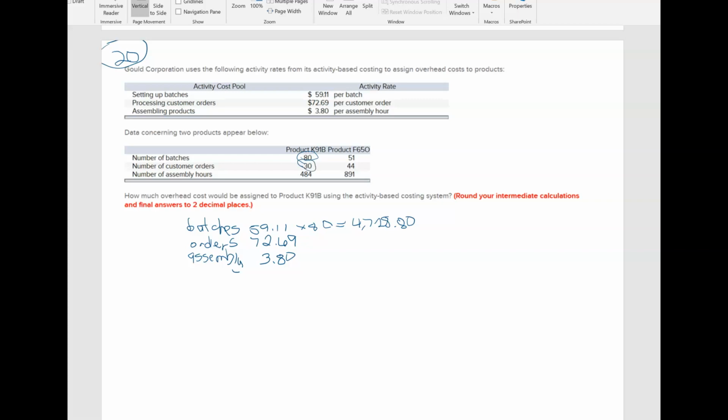And orders, there's 30. And assembly hours, $484, for a grand total of $8,748.70.